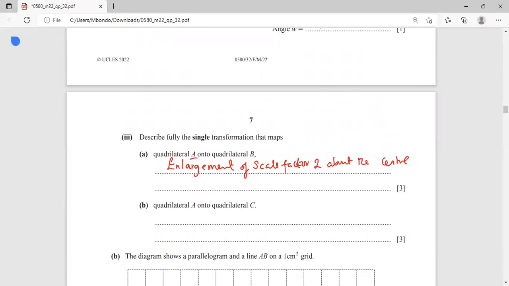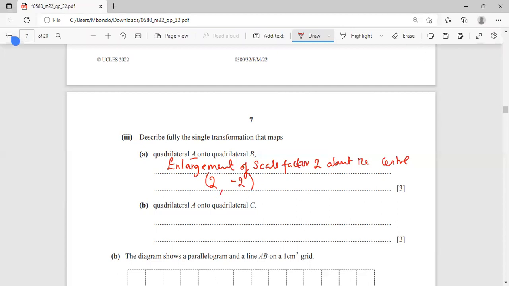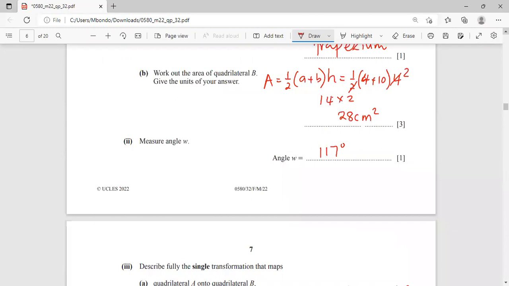What is the center there? (2, -2). That is what we are going to get. Then we can come to the other one here.